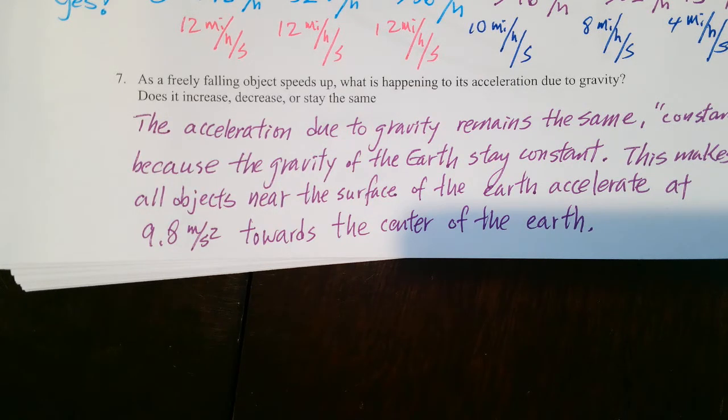And when we actually do experiments there, even though it's five miles above sea level, acceleration due to gravity is only about a 1% difference. So it's really not that much of a difference.